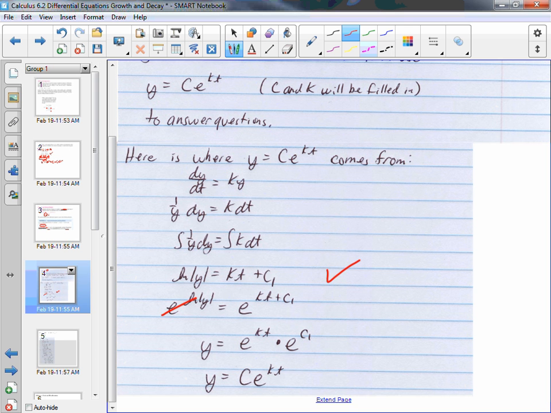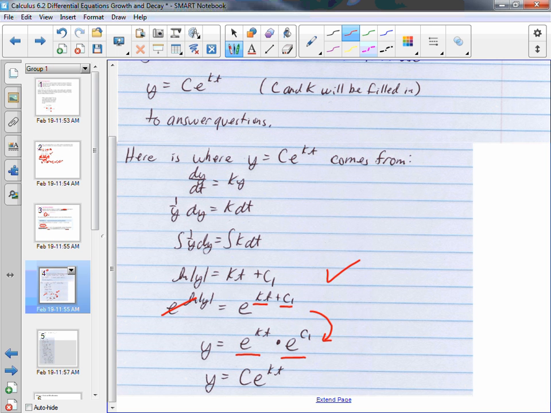Okay? Now, look what I'm doing on the left. You know that when you multiply factors with the same base, you add the exponents? We've got two things added together in our exponent. So use that property backwards to turn that into e to the first part times e to the second part. See what I did?